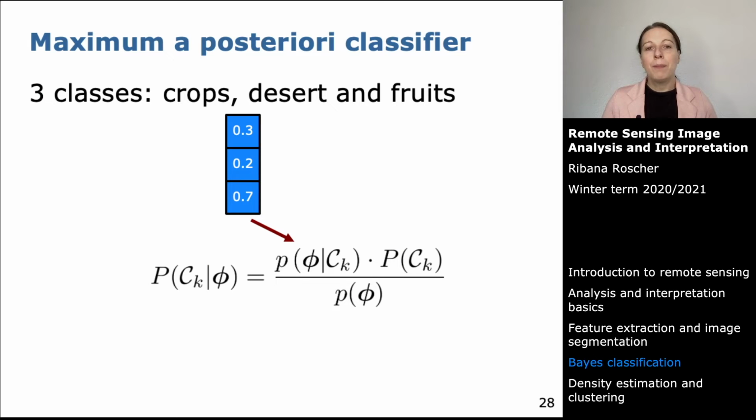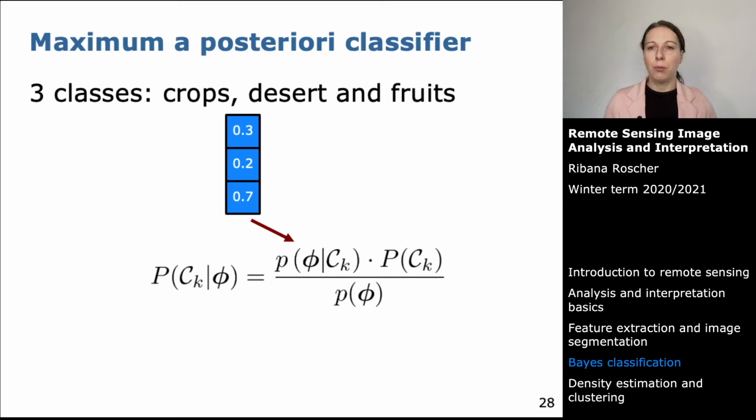Assume now, what you want is the posterior probability for each of the three classes given a specific feature. And a specific feature means, for example, a pixel or a segment. So you want to classify one feature which is assigned to one entity in the image. You already determined the likelihood function, and for the specific feature, you get a likelihood function value for each of the three classes.